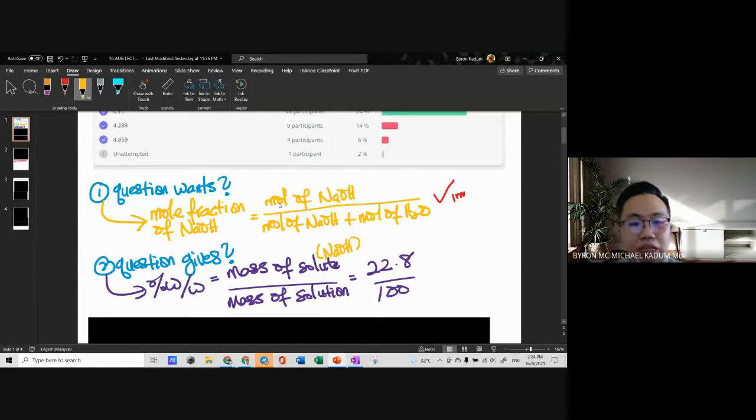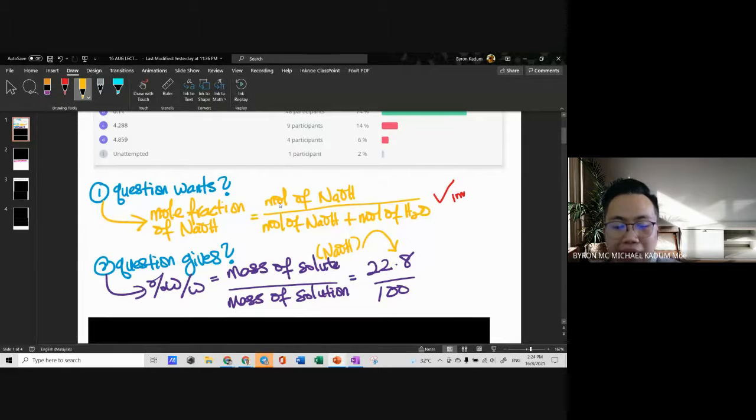From the definitions, kamu tidak boleh hanya hafal, tapi dari definition, you would be able to use that to make logical assumptions. When you are able to do the logical assumptions, you would be able to solve the problems, okay? So for example, over here, we can assume that the mass of solute now is this.